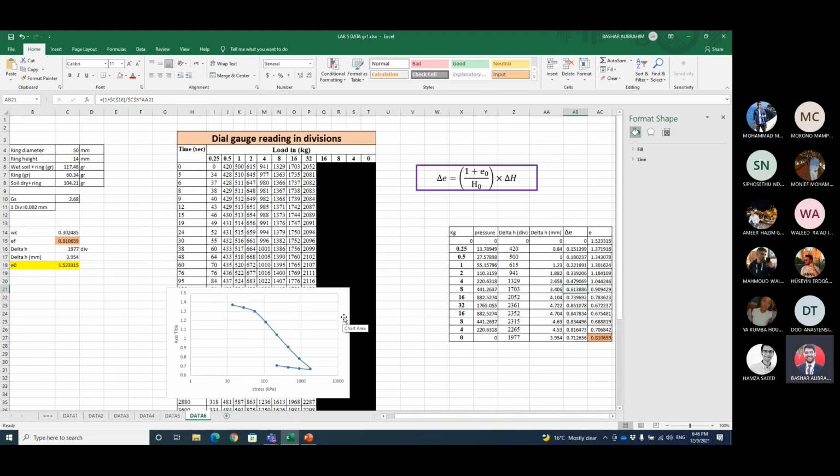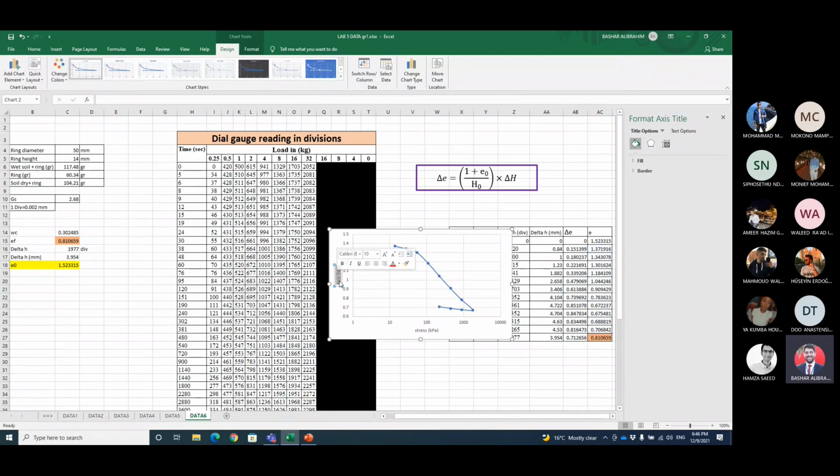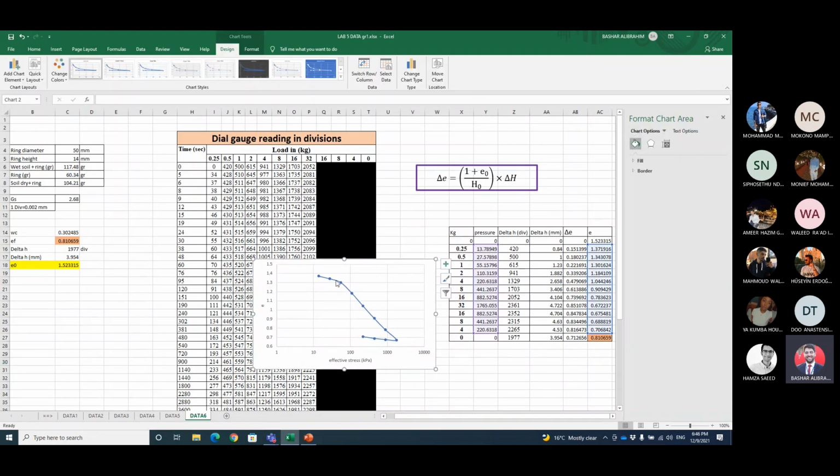Thank you. Yes, so this will be our curve. So here we have the final void ratio. So this is the void ratio, sorry, and we have effective stress in kPa. Any questions so far about this? Very easy, I believe.